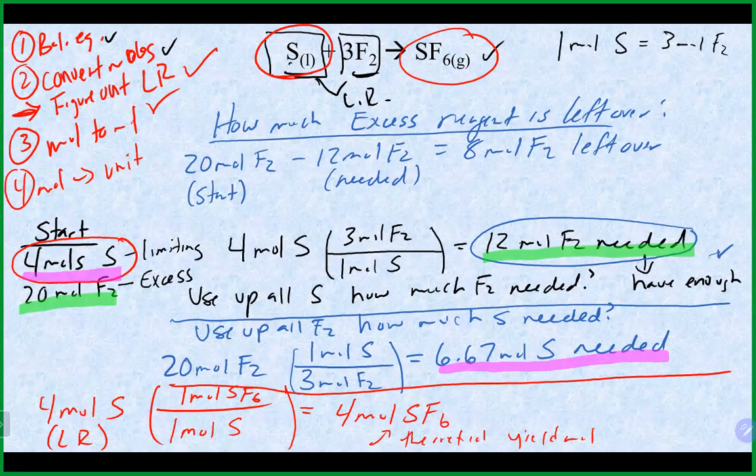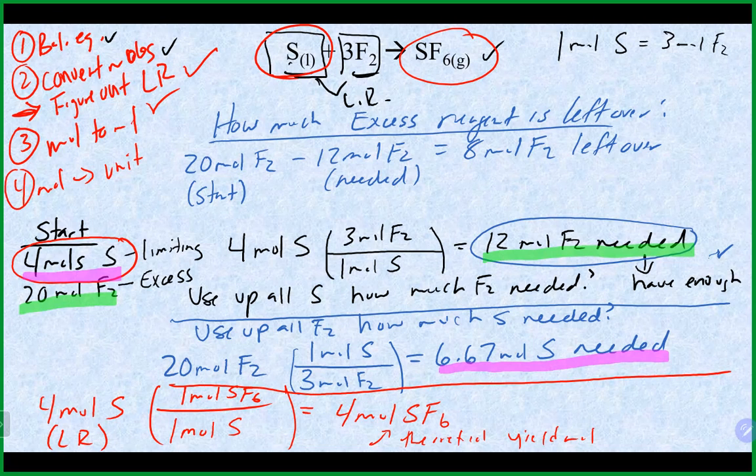Now, there are multiple ways that you could do limiting reagent problems. The other most common way is to do two individual stoichiometry calculations from reactant to product. From each reactant to the product, just do the same 4 steps like we did before, for each one.